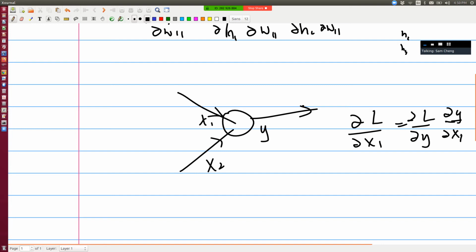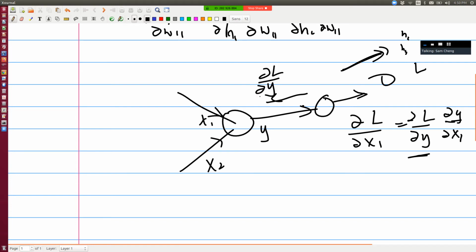This may have something else in the future, maybe more nodes connecting to it, so you may not immediately get to L. But if you know partial L partial Y, which is accumulated from far away and eventually passes through here, then to get partial L partial X1, it's essentially just the derivative passed back here multiplied by the local partial derivative of the output with respect to that input.